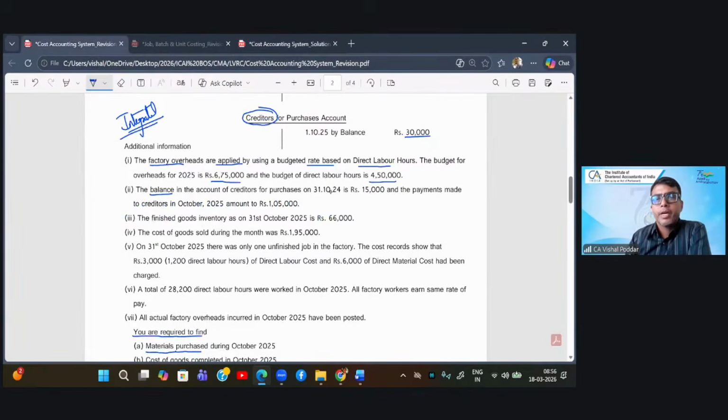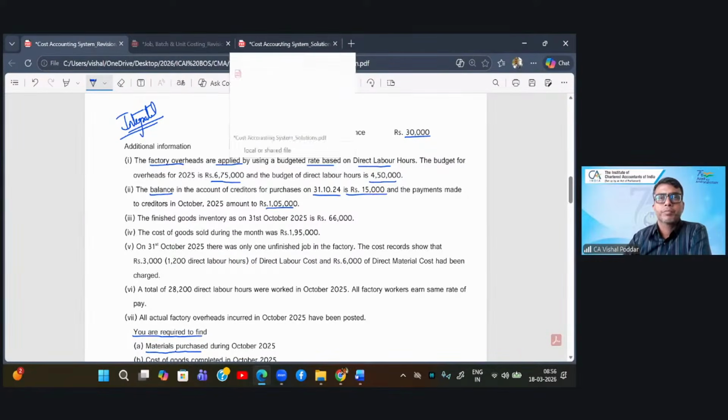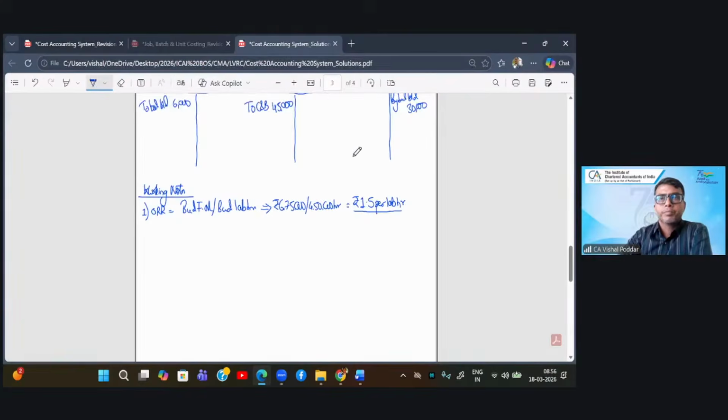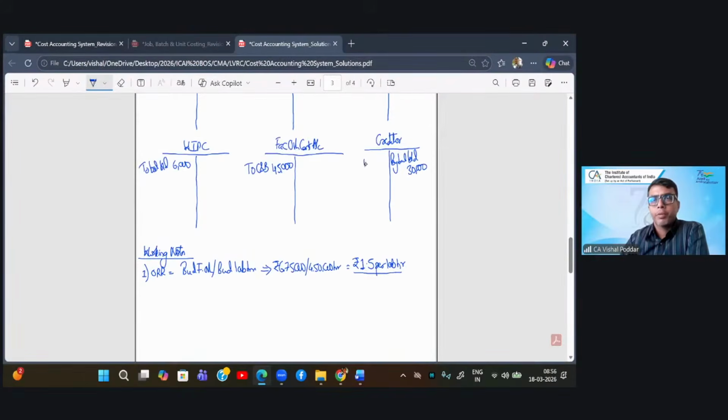Then the balance in the creditors for purchases on the last day, that is the closing balance, is 15,000 and payments made are 1,05,000. So payments made are 1,05,000, to cash and bank, and then to balance carried down 15.